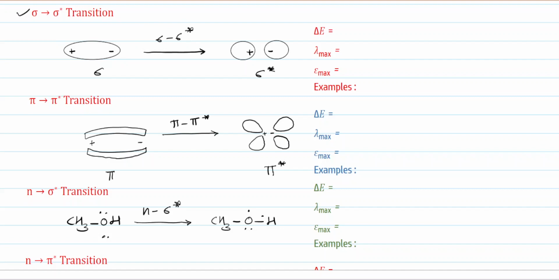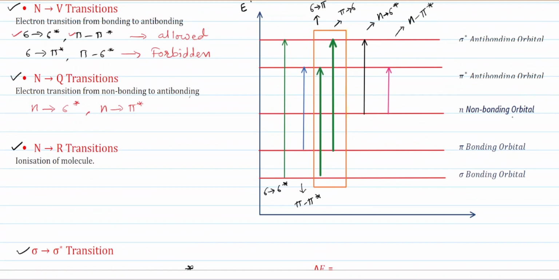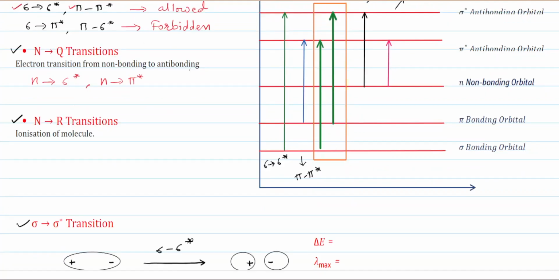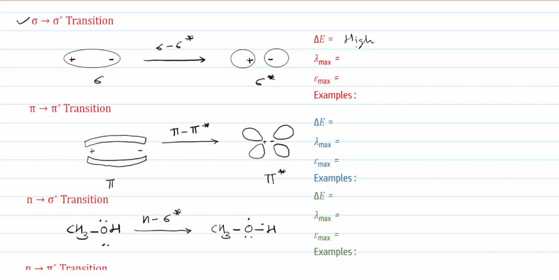In the energy diagram, we have seen that the energy difference between the sigma bonding orbital and the sigma star anti-bonding orbital is very high. Therefore, here the delta E is high, as the energy required for the promotion or transition of the sigma electron from the bonding orbital to the anti-bonding orbital is high.